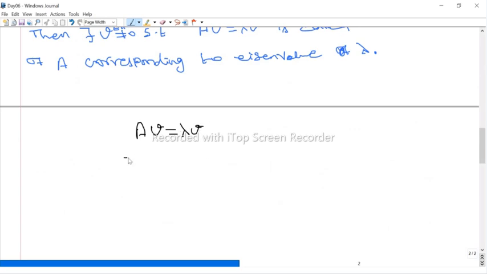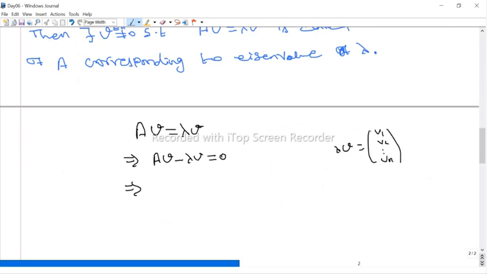Therefore, if we simplify, we can take lambda V to the left-hand side and get AV minus lambda V equals 0. Lambda V is nothing but just a vector. Suppose V is a vector with n coordinates V1, V2, up to Vn.